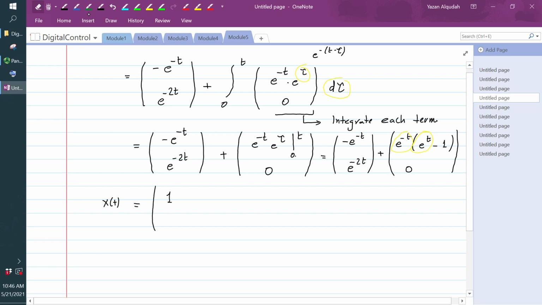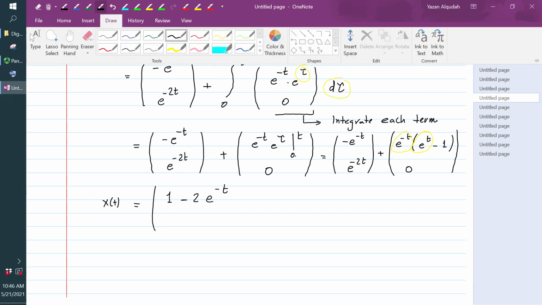Okay, and then I have e to negative t multiplied by 1, and also I have e to negative t. I have 2 e to negative t, both with negative sign. These both are going to give me negative 2 e to negative t. Make sense? So let me mark them.